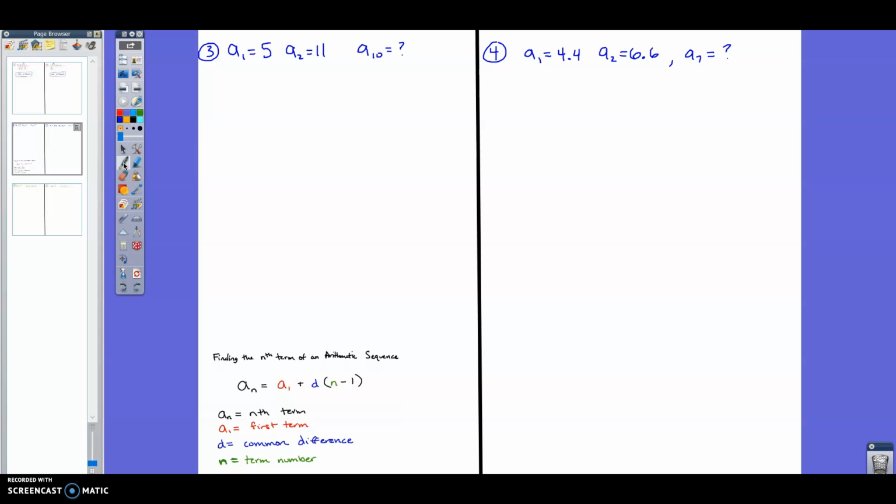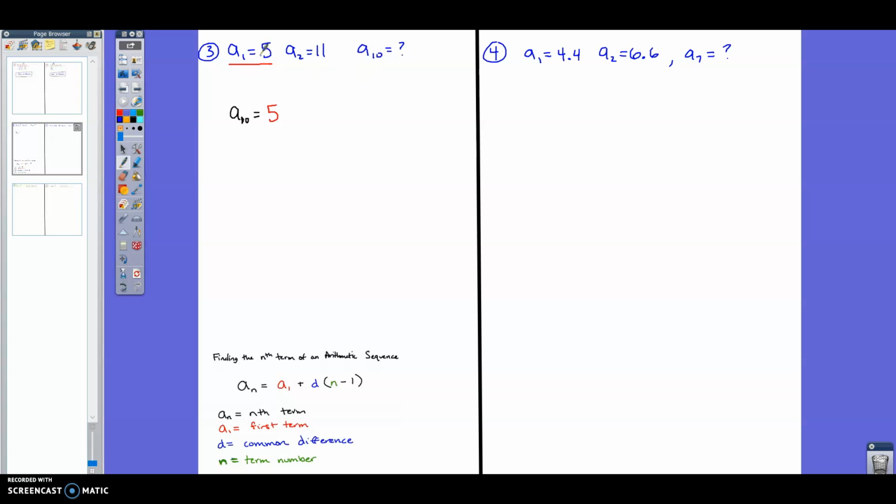So we're going to use the formula down below to help us do that. We're looking for the 10th term, so I'm going to plug in a 10 for the subscript there. A10 is equal to A1. A1 is our first term, which in this case is 5. Now the common difference is the number that we add going from one term to the next.